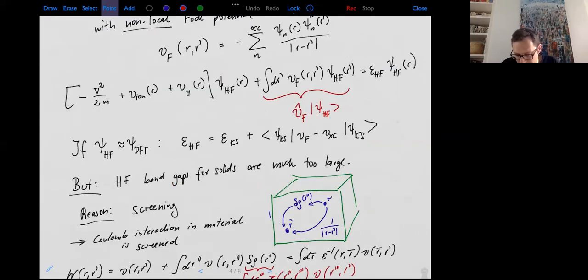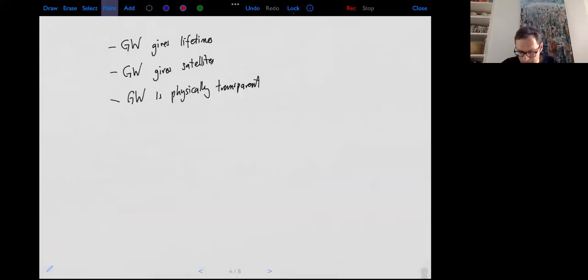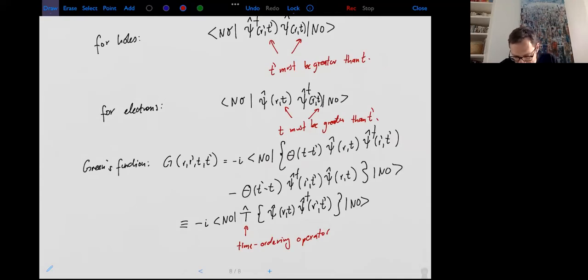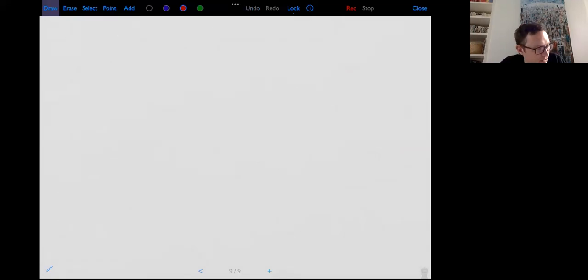And what I want to show you next is that the Green's function, as we have defined it here, can be used to calculate these quasi-particle energies. For simplicity, because we've talked about photoemission, I'll only focus on the term of the Green's function that describes the propagation of holes, because otherwise it's too much writing.